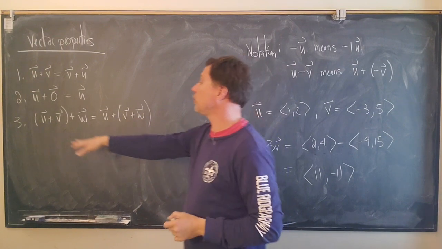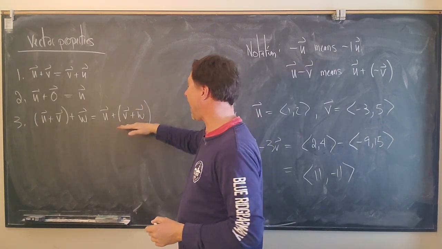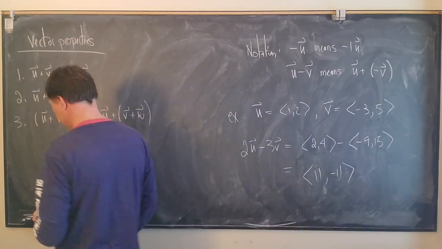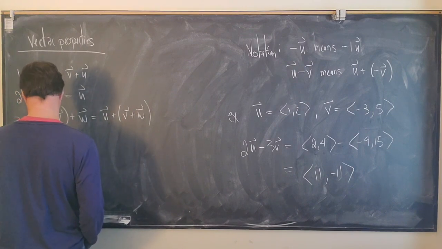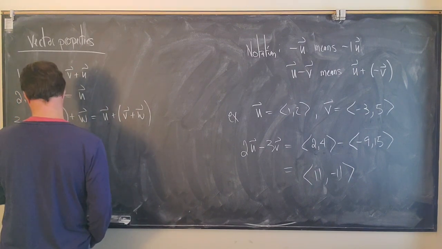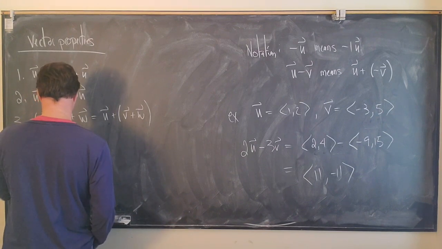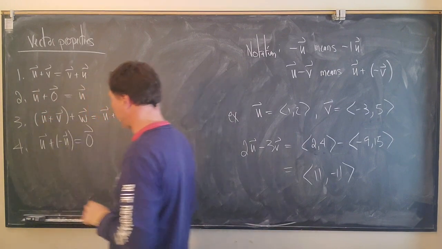You can add u plus v, get a vector and add w, or take u and add it to v plus w, and you get the same result. And let's do u plus minus u. Obviously that gives us the 0 vector.